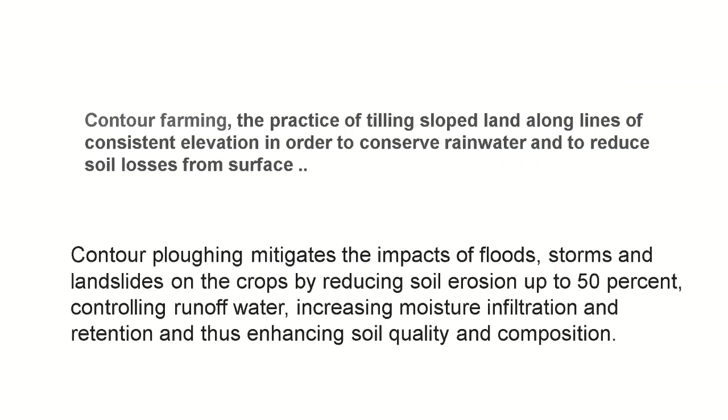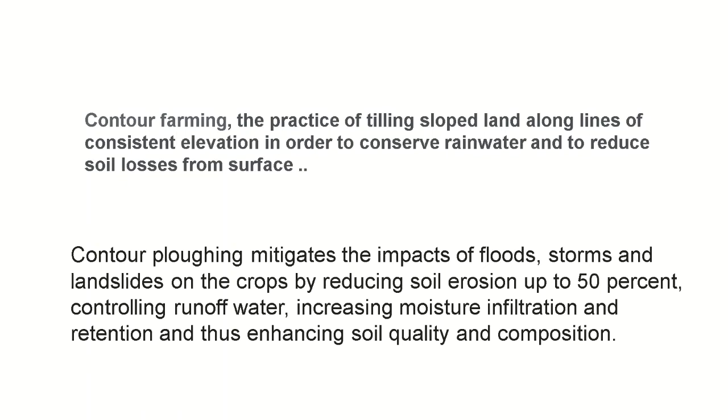Contour farming is the practice of tilling sloped land along the lines of consistent elevation in order to conserve rainwater and to reduce soil losses from the surface, which is known as contour plowing or contour method farming.